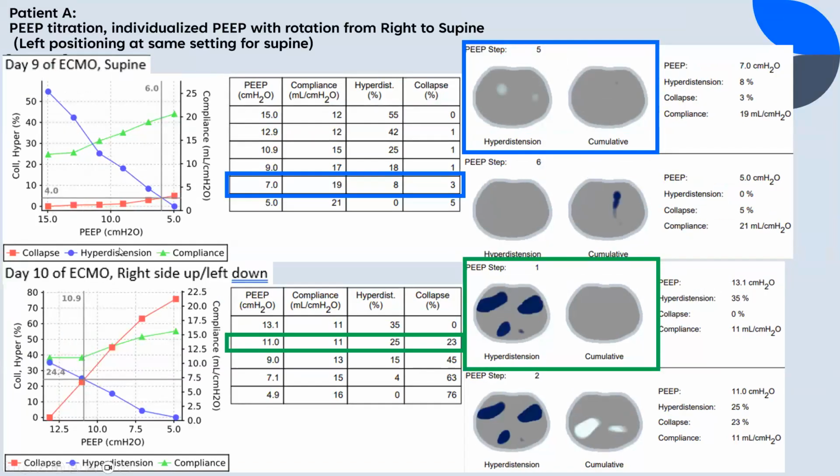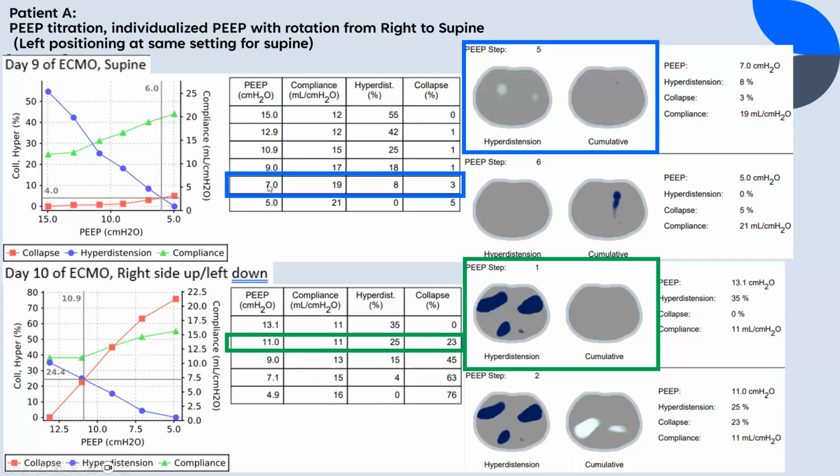Over here on our next measurement on day 9, you can see when we went supine in that same day, our line of best fit is saying about 6. But when we went over to our table here, we can see that at about a PEEP of 8.